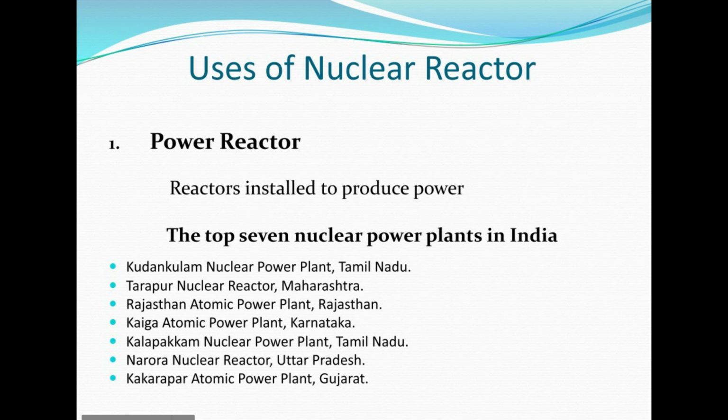They are Kudankulam Nuclear Power Plant, Tamil Nadu; Tarapur Nuclear Reactor, Maharashtra; Rajasthan Atomic Power Plant, Rajasthan; Kaiga Atomic Power Plant, Karnataka; Kalpakam Nuclear Power Plant, Tamil Nadu; Narora Nuclear Power Plant, Uttar Pradesh; Kakrapar Atomic Power Plant, Gujarat.